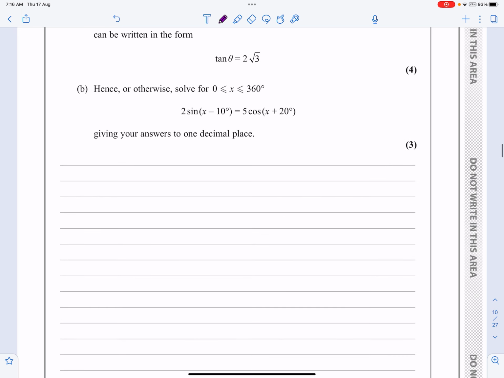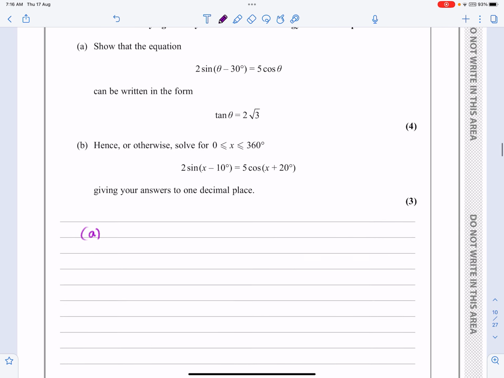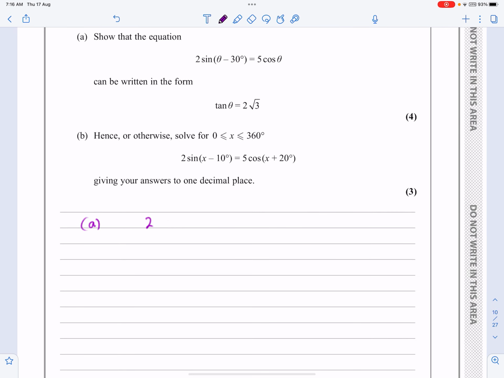Okay, let's look at part A then. Part A says we have 2 sine (theta minus 30) equals 5 cos theta. And as I say, we want to try and get that to look like tan theta equals something.